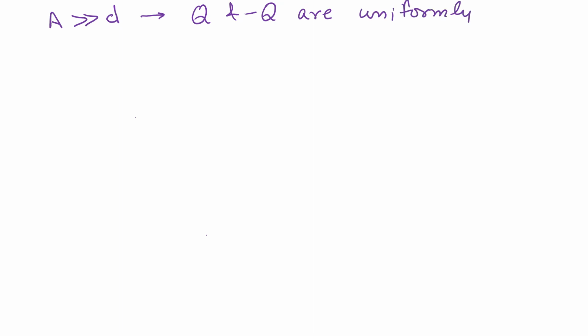Let's set it up. Under the condition that area A is much larger than d, we are going to approximate that charge Q and minus Q are uniformly distributed on conductor 1 and 2 respectively.